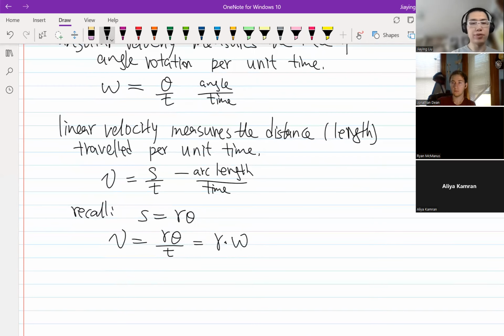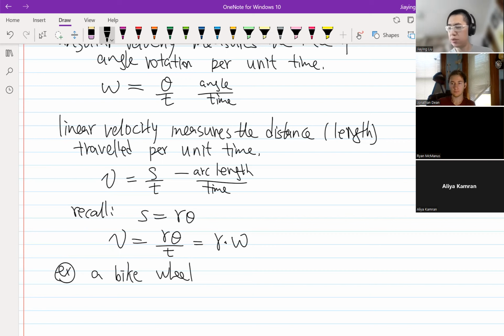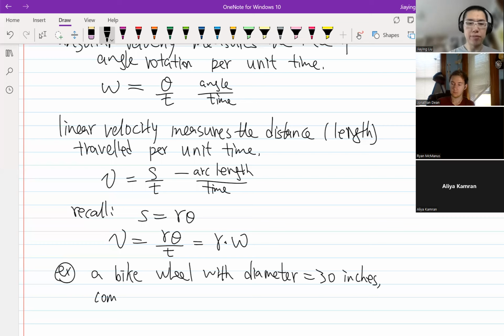So here I have an example. So suppose a bike wheel with diameter equals 30 inches completes 2 revolutions in 5 seconds.